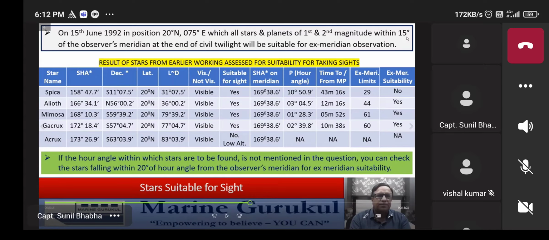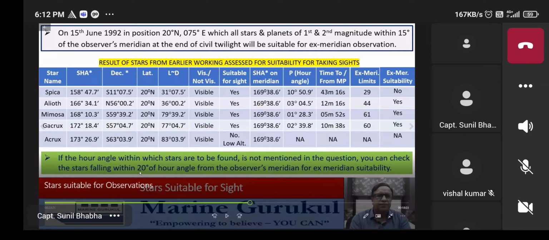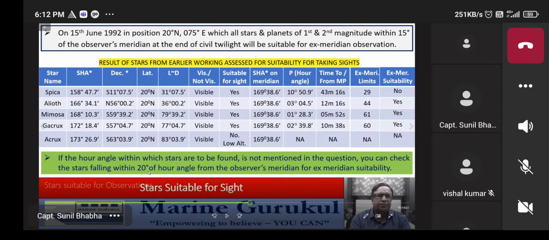In that case, you can take a value of 20 degrees within the observer's meridian and solve the question, because outside 20 degrees there will be no star suitable for a X meridian observation. Okay, clear, sir. Okay, so you have to remember this figure of 20 degrees.